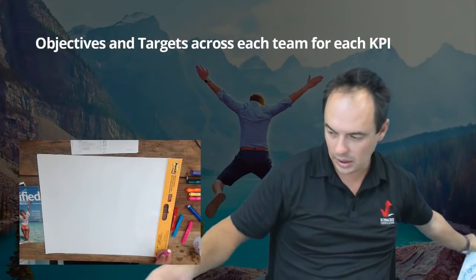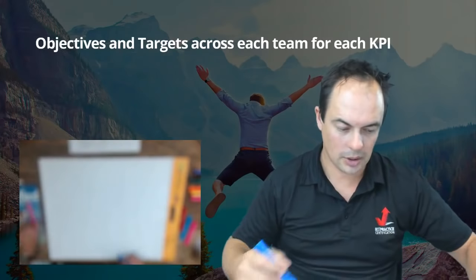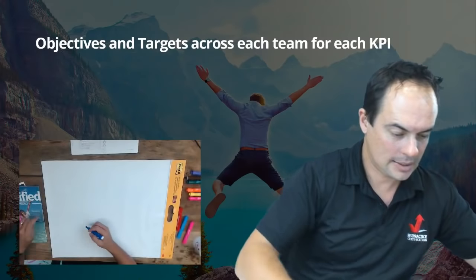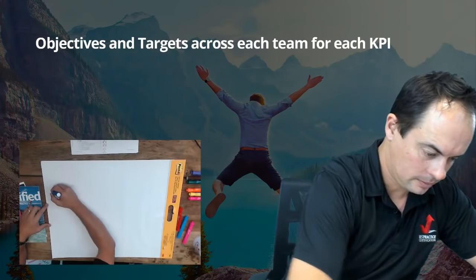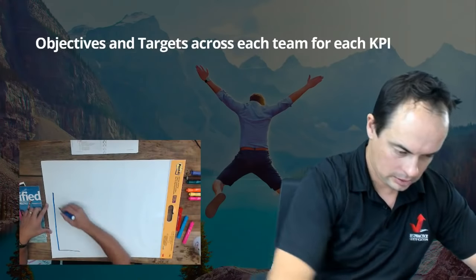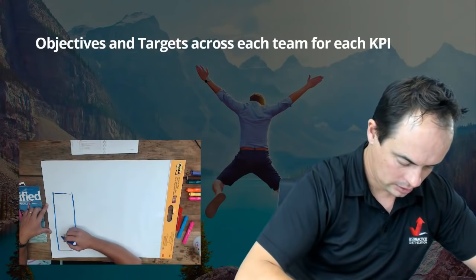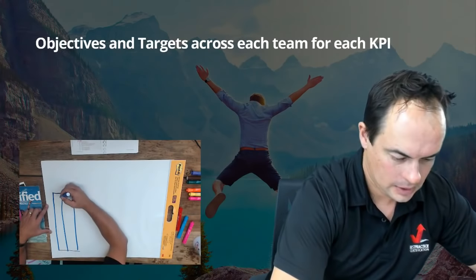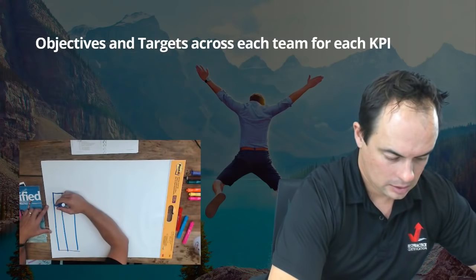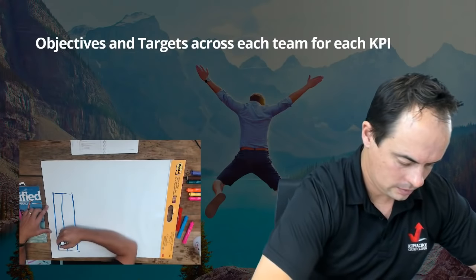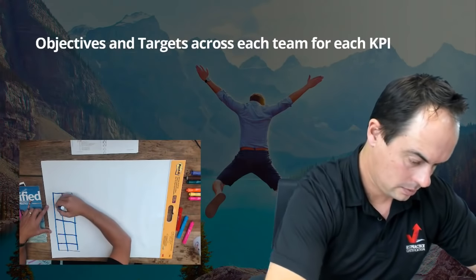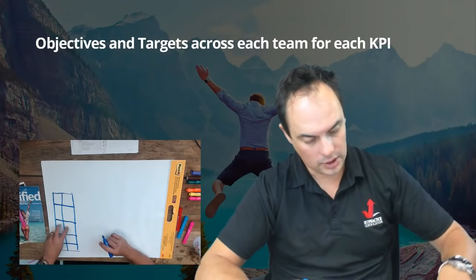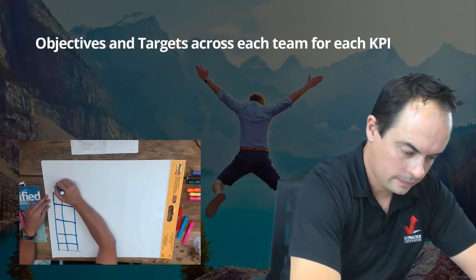Your homework is to be thinking about 10 per section, so let's do something like this. 2, 4, 6, 8, 10. Marketing.